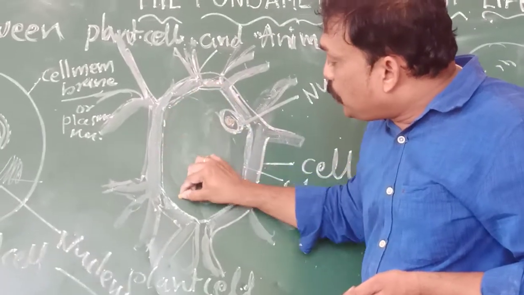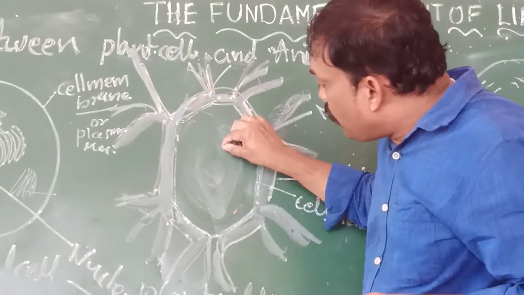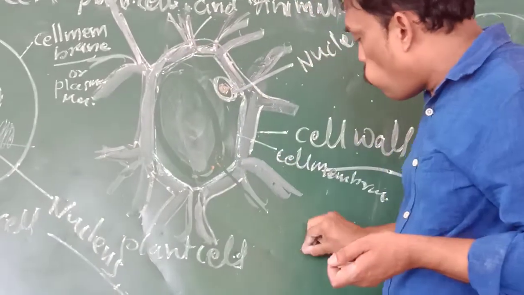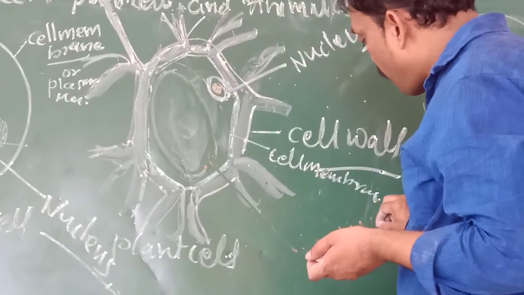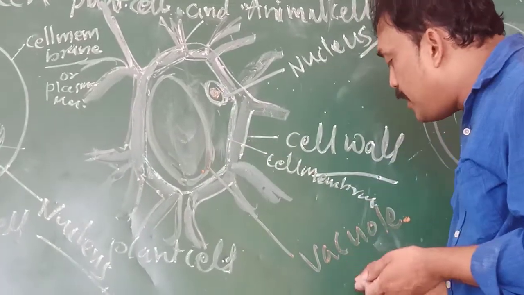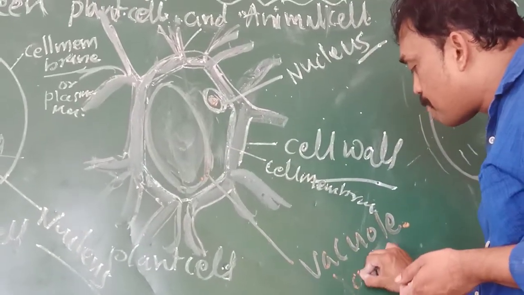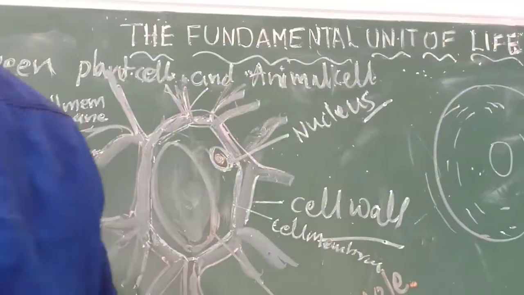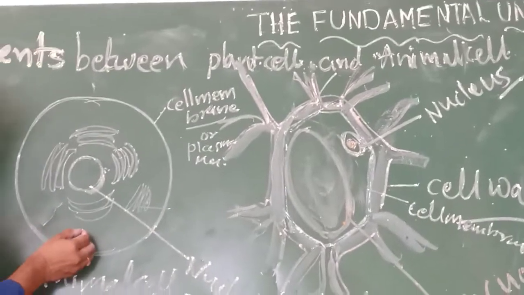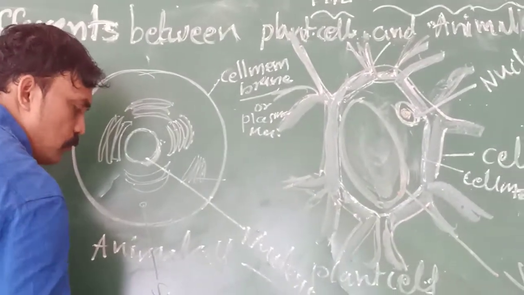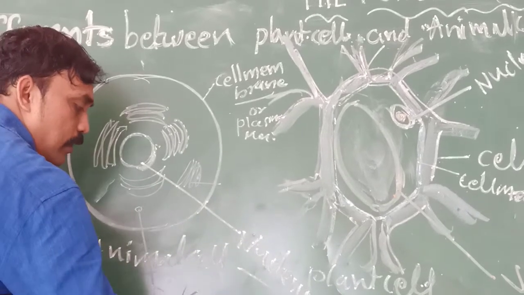Because in a mature plant cell, it is covered with what? Vacuole. That means in plant cell, the vacuole is large in size. In animal cell, the vacuole may be small or absent.